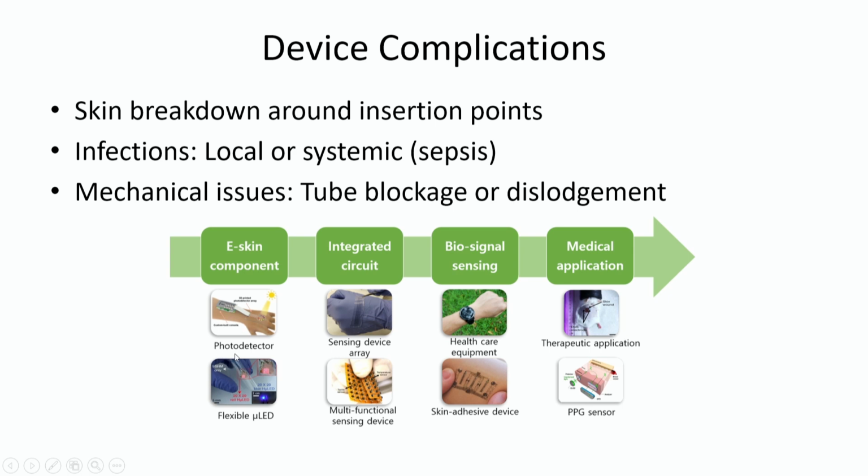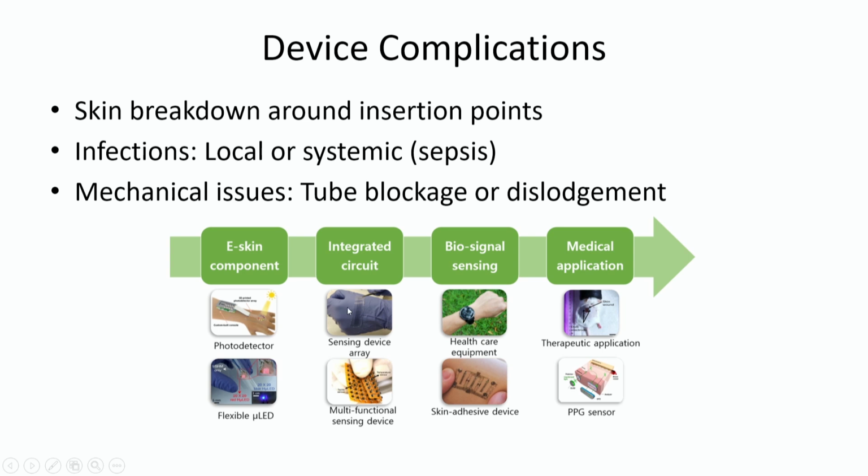These are the equipment I am showing you: photo detector, sensory devices, healthcare equipment like your watch, and therapeutic applications. This is the flow chart of how the devices are used, and the devices you are using can also cause a complication. When you wear a watch all the time, you are putting pressure on your skin. That is not correct. Having equipment on your skin for 24 hours may cause problems.